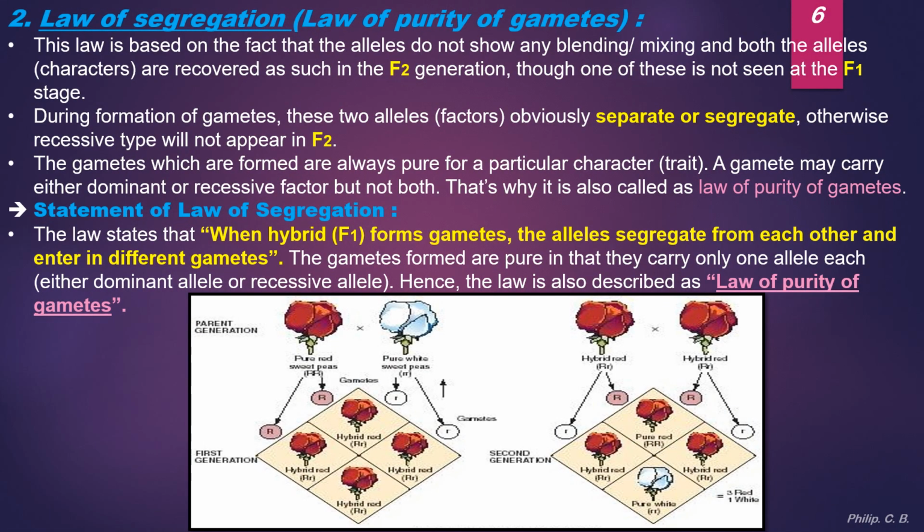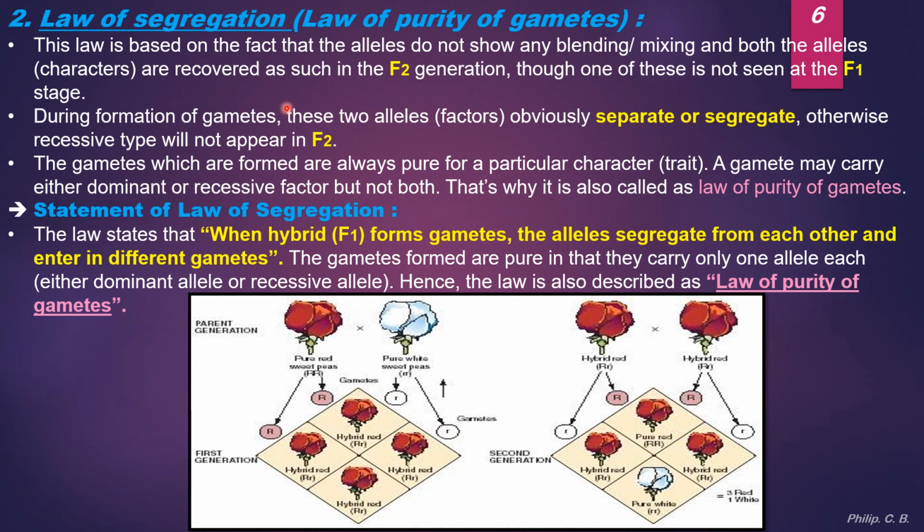Then coming to the second law, segregation, otherwise called the law of purity of gametes. This law is based on the fact that alleles do not show any blending or mixing, and both the alleles, that is characters, are recovered as such in the F2 generation, though one of these is not seen at the F1 stage.